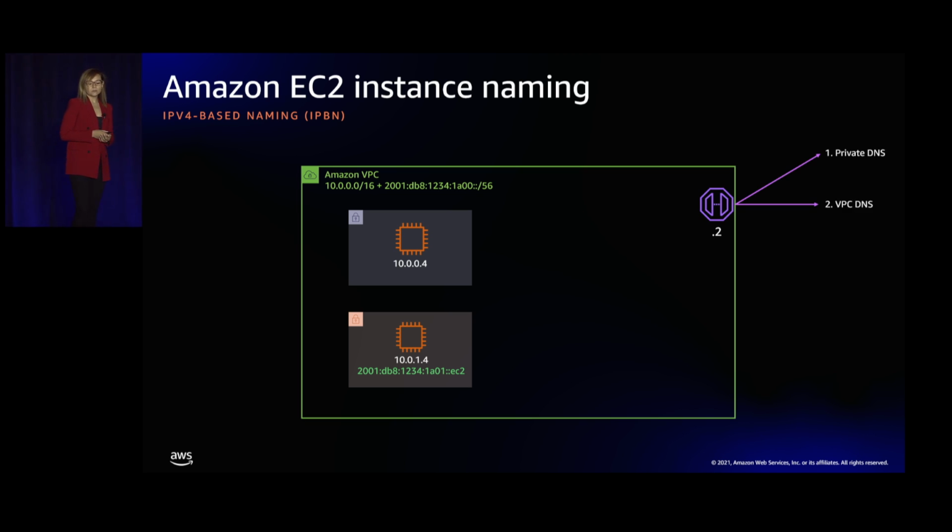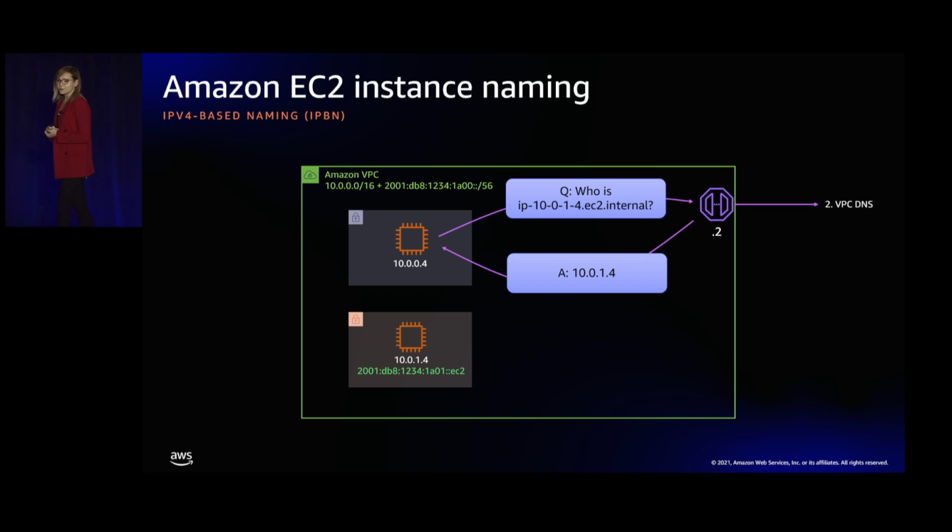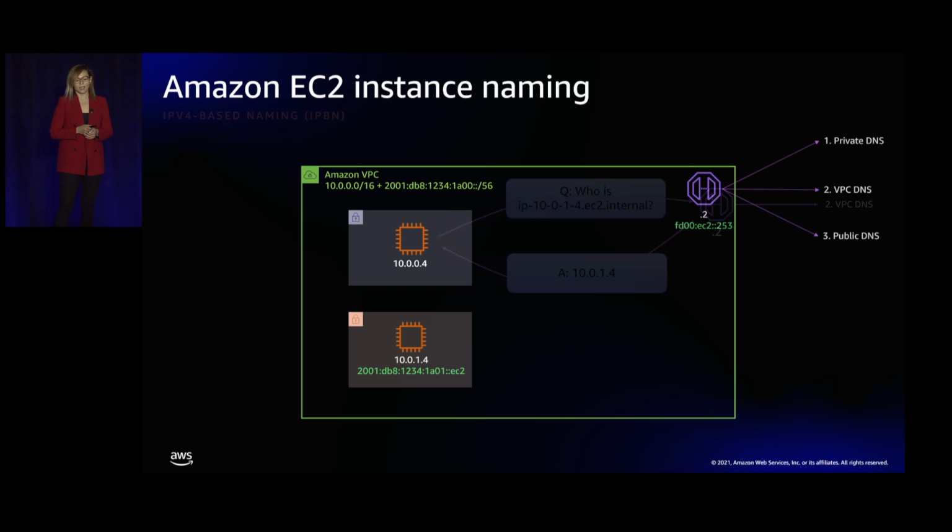The VPC DNS resolver has a hierarchy that it uses to reply to DNS queries in the VPC: private DNS, VPC DNS, and public DNS. When an instance in our VPC would query for an IP-based name, it would receive the IPv4 address, the private IPv4 address associated with that.